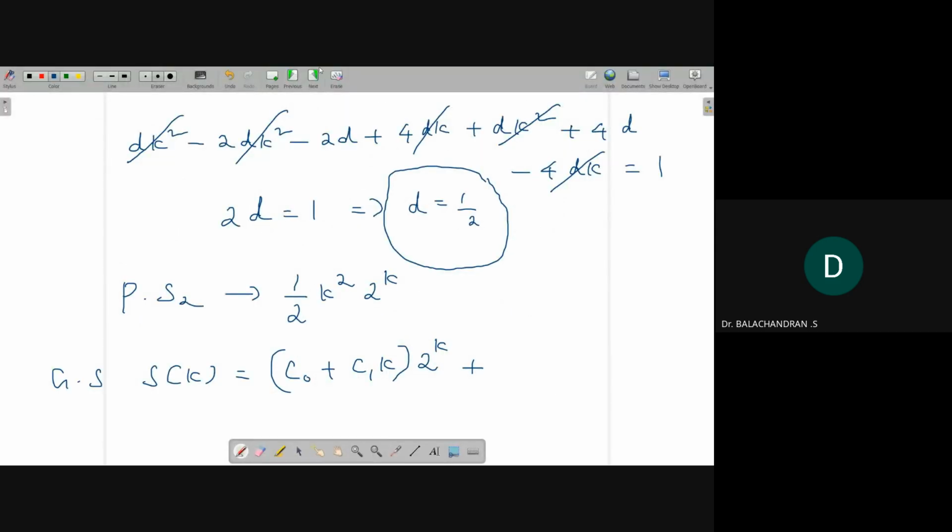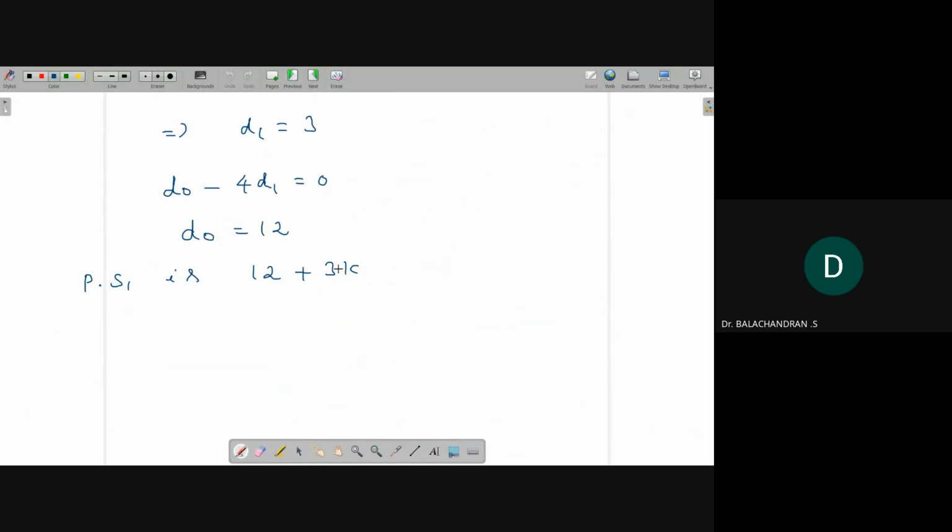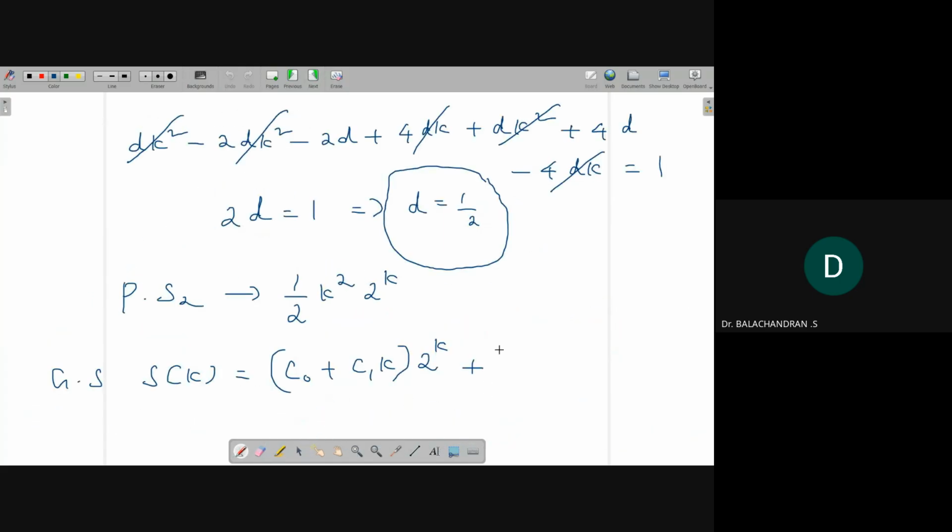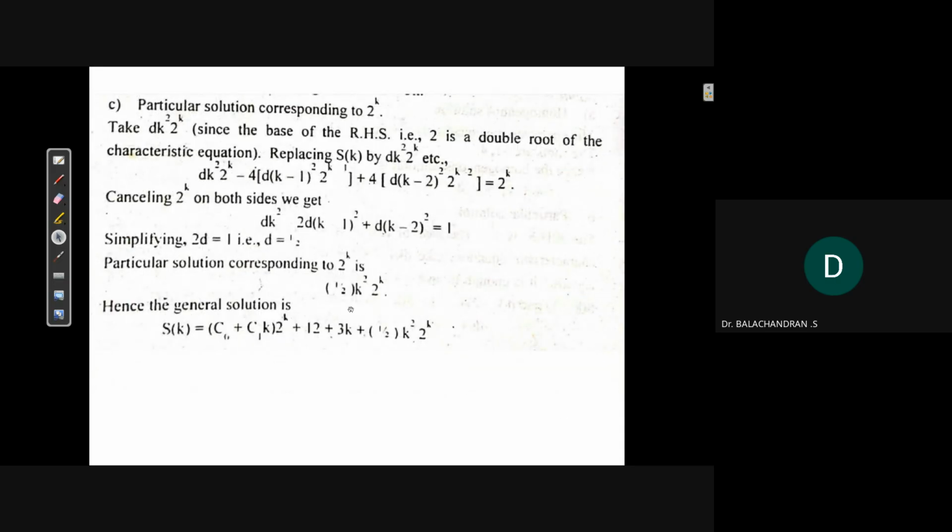Okay, 12 plus 3k, and then PS2 is actually half k square into 2 power k. So now I can check half k square 2 power k. Yes, this is half k square 2 power k. So this is your S of k.